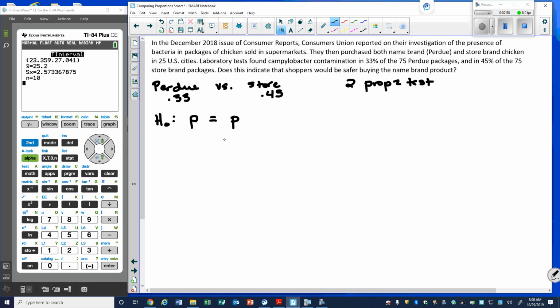What I'm going to assume from the very beginning is that the proportion of contaminated chicken from the name brand, just since that was listed first, we'll call that P for Perdue, is the same as the proportion of S, which would be my store-bought chicken.